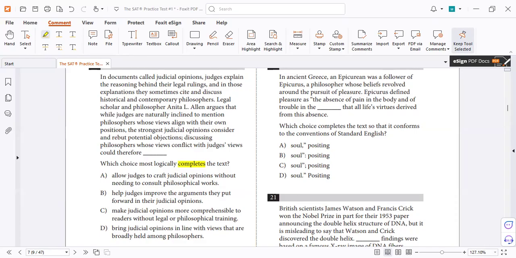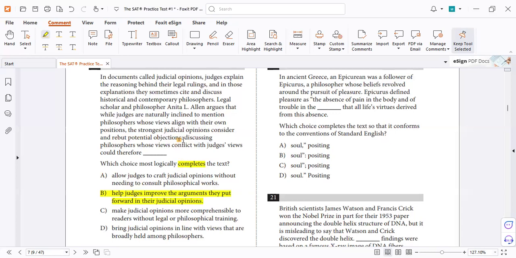It's B. Judges improve the arguments they put forward. So it must be letter B, correct. I think I didn't read that well.